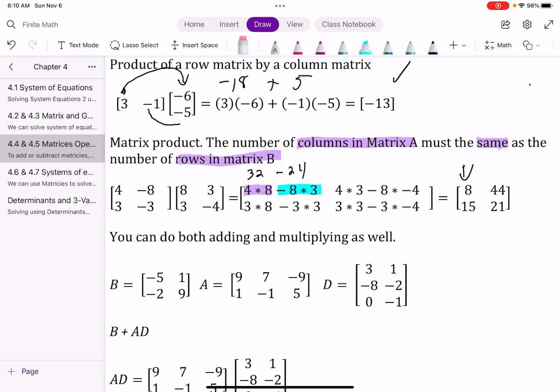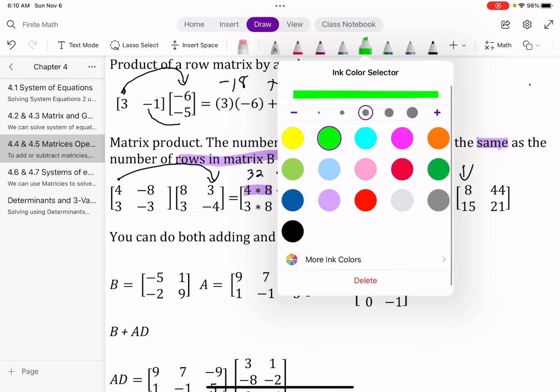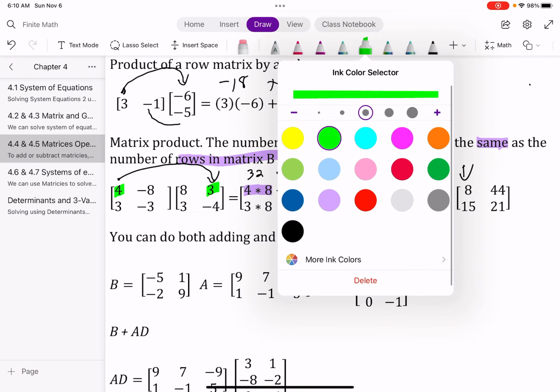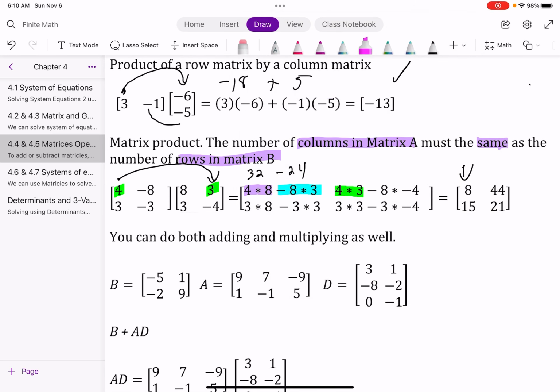So when we go to do our second set of numbers, we do 4 times this 3. Change our color again. We'll go green, which is here. I'll even highlight so we can see this 4 times this 3. And then we'll go to another color. And then we're going to do negative 8 times negative 4.